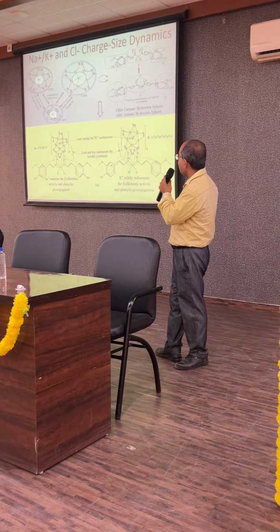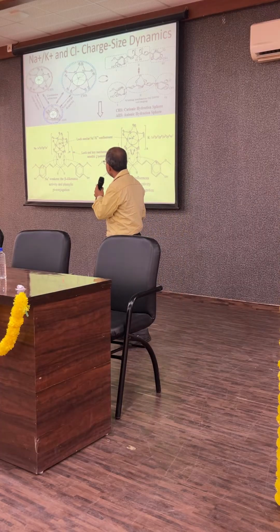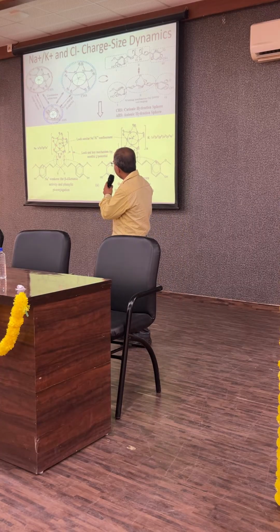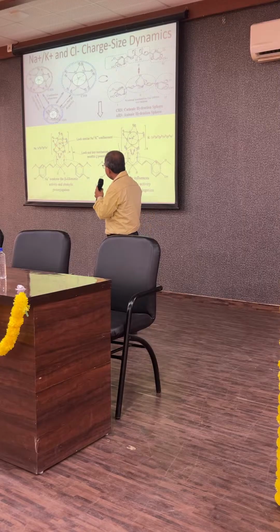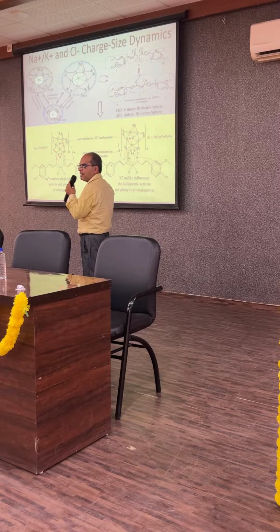What I wanted to highlight in the previous slide discussion also is that this central region was attacked by this sodium hydration sphere. This sodium hydration sphere has the water molecules oriented on a positive surface charge. When this positive surface charge approaches this electron density, there is a positive and negative interaction.